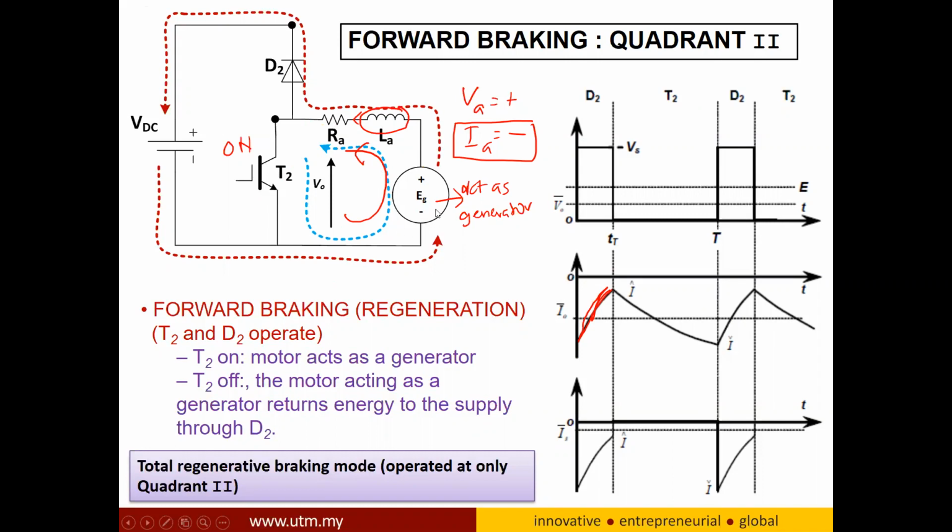As you can see, the current will discharge from the motor back to the source. So IA is negative for both conditions, T2 on and D2 on. That is how we can make VA still positive but IA negative, by controlling the switch of T2.